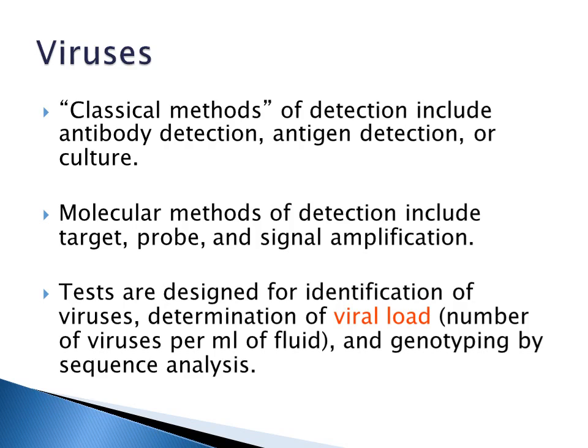Molecular methods of detection include target, probe, and signal amplification methodologies. So tests are designed for identification of virus, to determine viral load or the number of viruses per ml of fluid, as well as genotyping by sequence analysis.